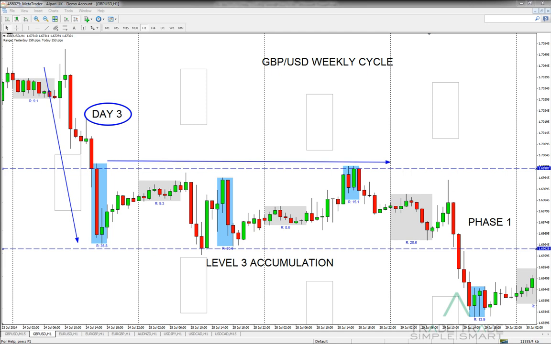And here, as we know by now, the large institutions are accumulating their positions for the next phase or the next move within the weekly cycle.